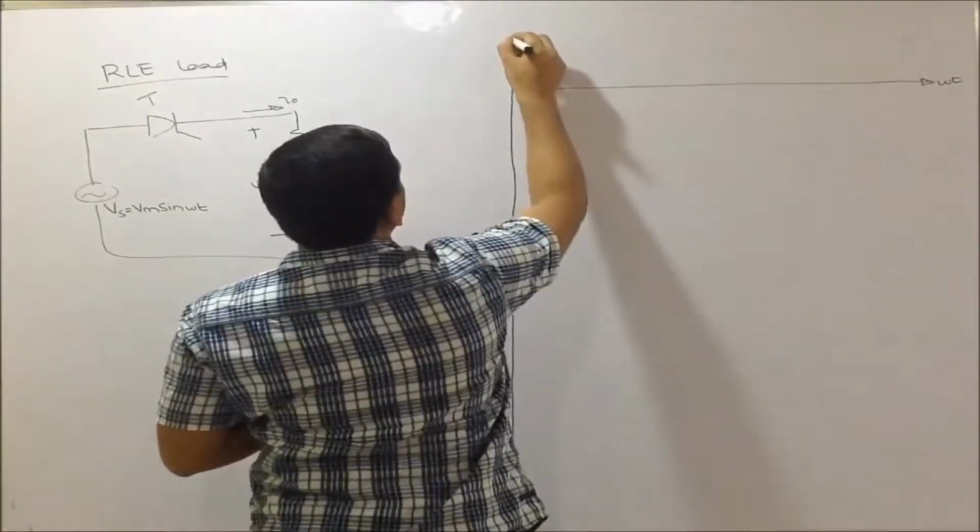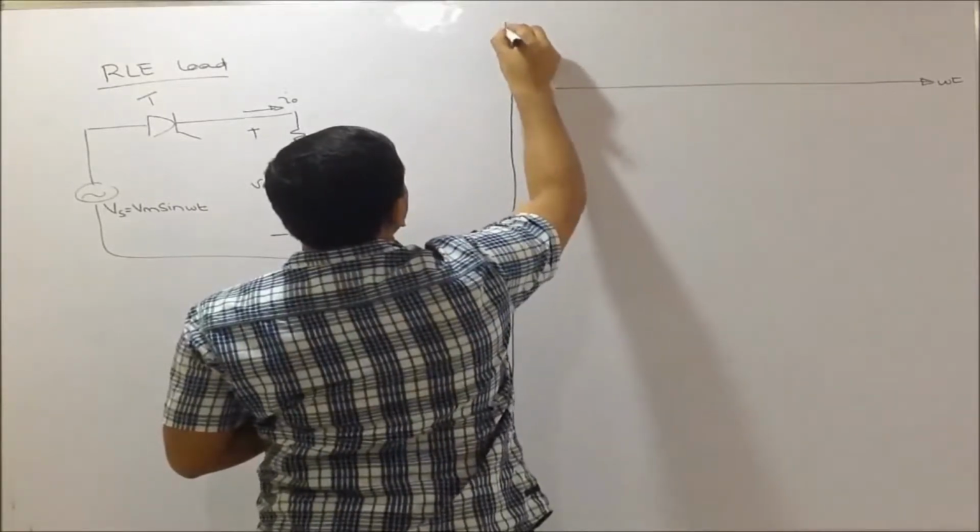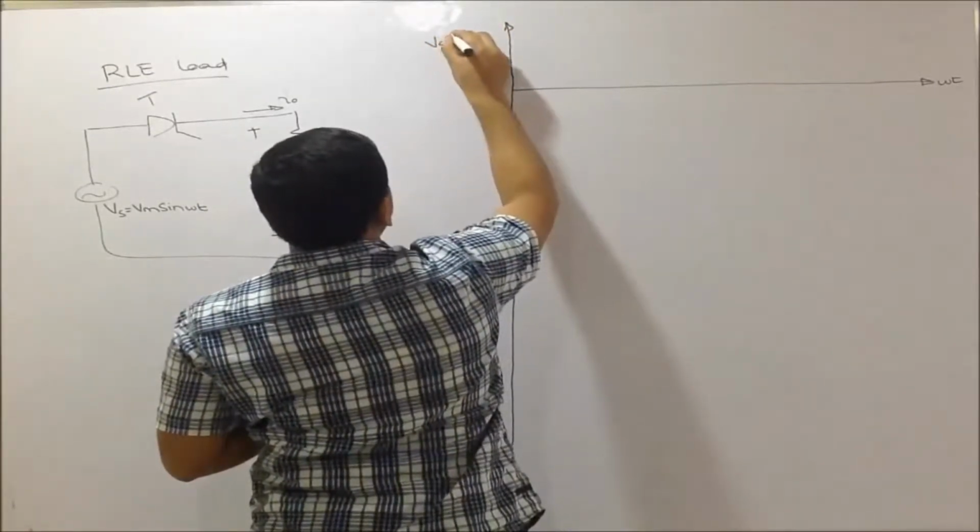This is what Vs, that is Vm into sin omega t.